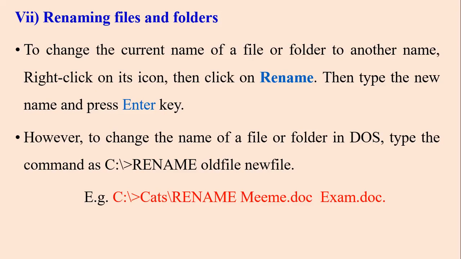Remember that space is very important in disk operating system. And therefore, rename is the command that is used. So the format of the commands for renaming files in DOS is rename space old file name space new file name.